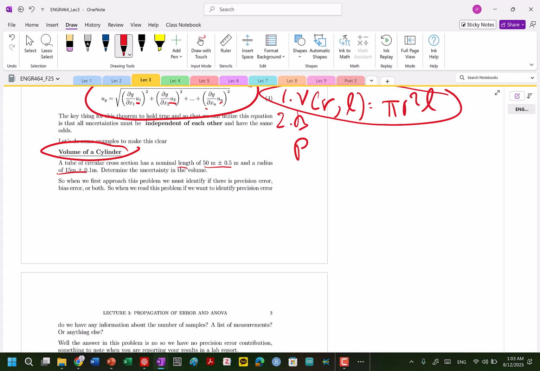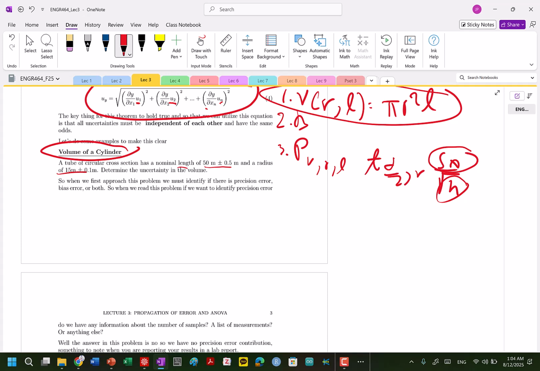We need to see, is there bias error, is there precision error? If there's precision error in V, or precision error in r and L, one of the things that we need is our t alpha over 2, nu, s_x over square root of n. Do you see anywhere here where you're told the number of measurements of the radius, the length, or volume? Do you see anywhere where there's the standard deviation information?